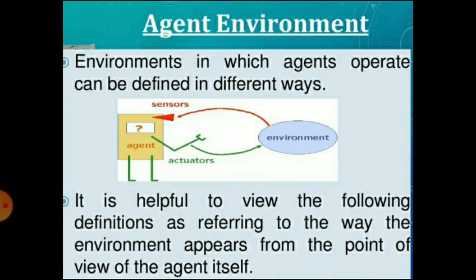He has to reduce the speed. He knows he has to stop the car by applying the brake and reduce the speed, like that. So it is called a partially observable environment. It is helpful to know these definitions as referring to the way the environment appears from the point of view of the agent itself.